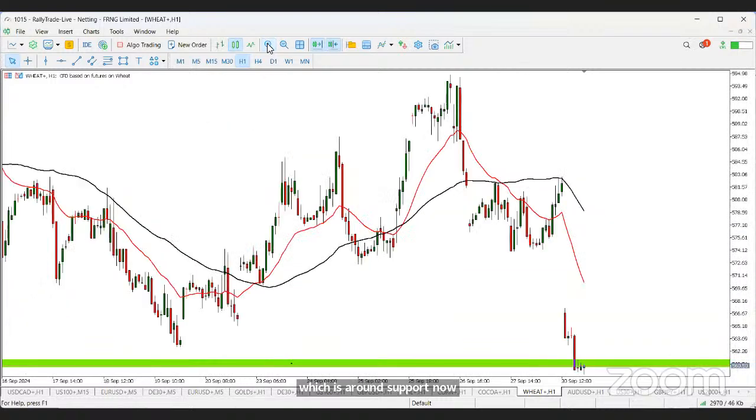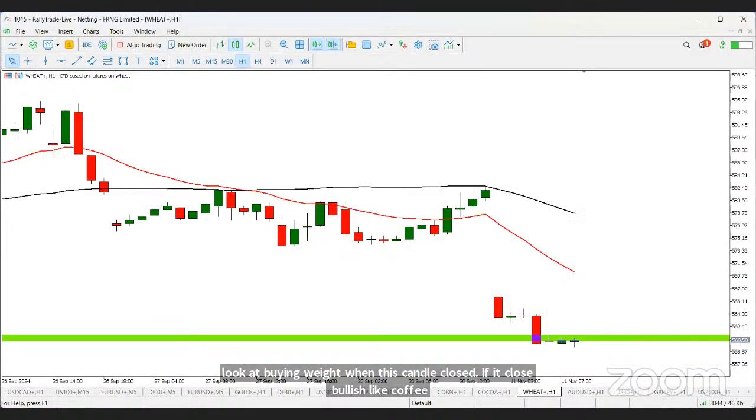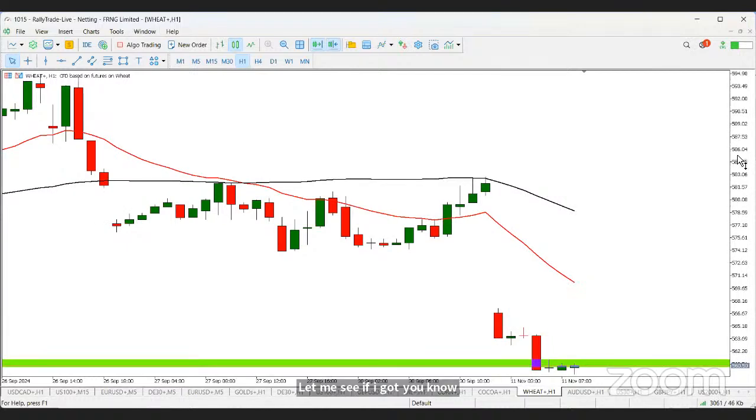And looking to buy means that we have to wait for the price to give us an example of an indicator, maybe even a candle, that can give us an idea of buying or selling. So let's look at buying wheat when this candle closes. If it closes bullish engulfing, let me see if I can adjust this. So if this price closes bullish engulfing, okay, you could buy.